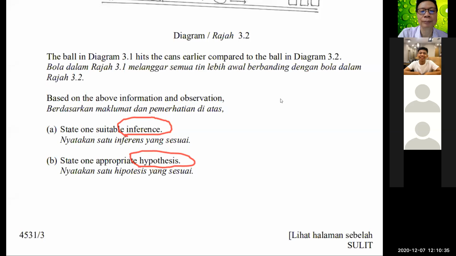Yes, correct. Acceleration depends on the mass, or the velocity or the speed depends on the mass. That's correct. Another answer, please, for hypothesis. Can you type the hypothesis? Someone please type, share your answer.